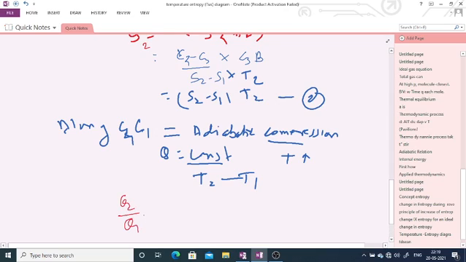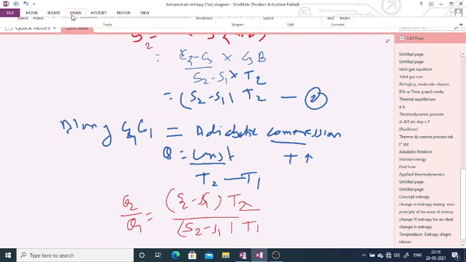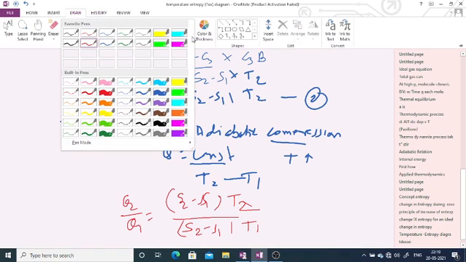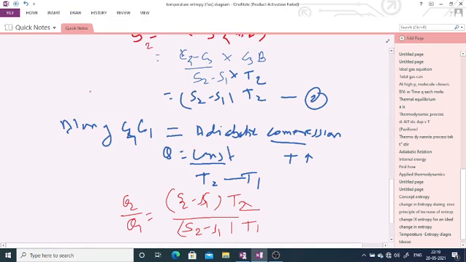So Q2 upon Q1 is equal to (S2 minus S1) into T2 divided by (S2 minus S1) into T1. So S2 minus S1 will cancel, so the remaining term is T2 divided by T1.